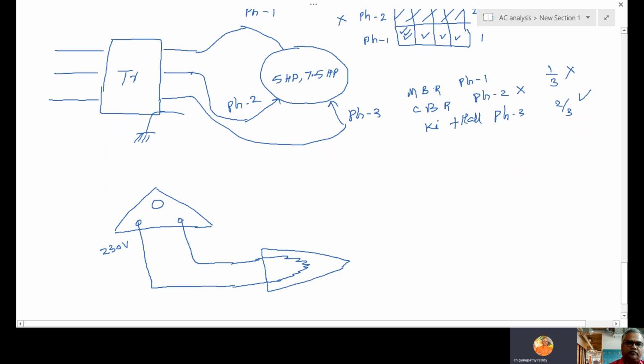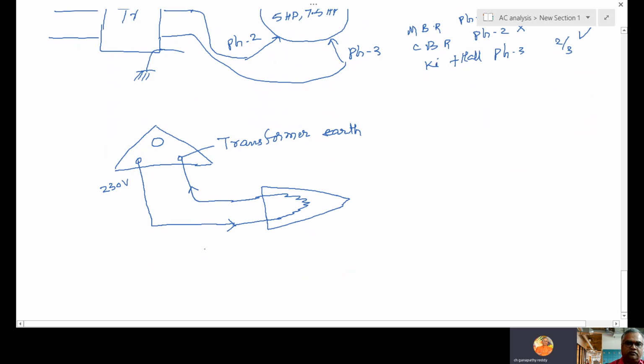This is the transformer earth, so this point is connected here. Now when it is connected to the iron box, current will flow through the filament and come back.